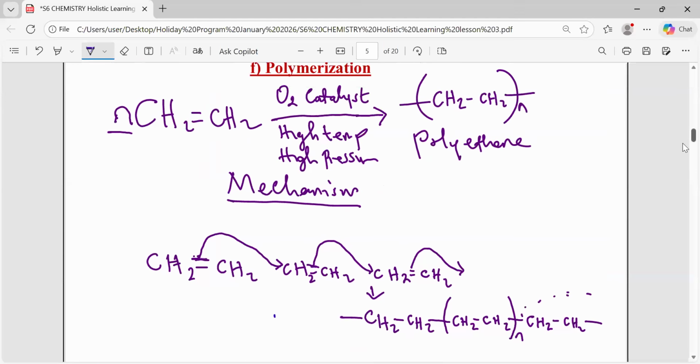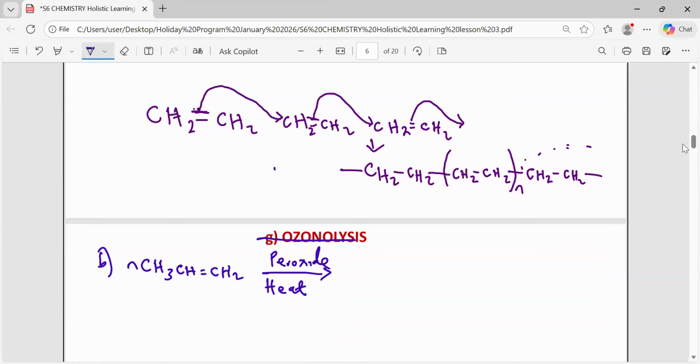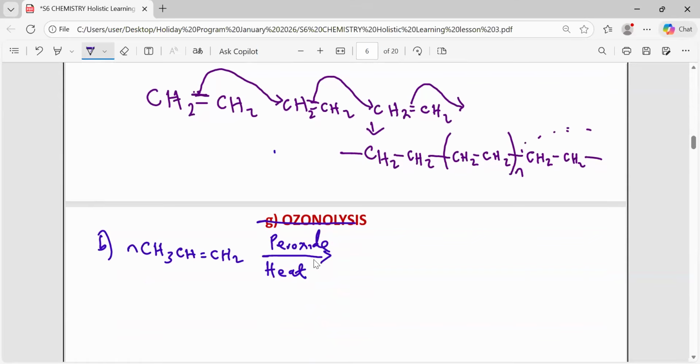So you can see that we can have different books having different conditions, but they are giving us the same product. Have you encountered the one with peroxide in the presence of heat? No, I've never encountered it, but I know the product is polypropene, not propane, because this is propene.